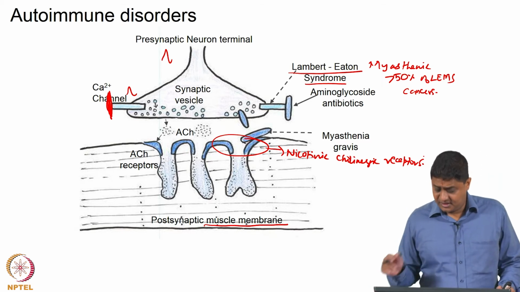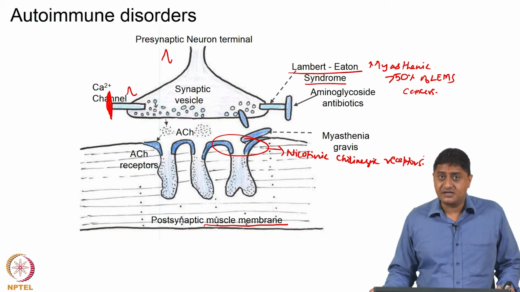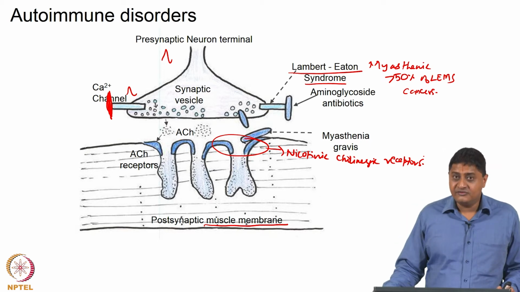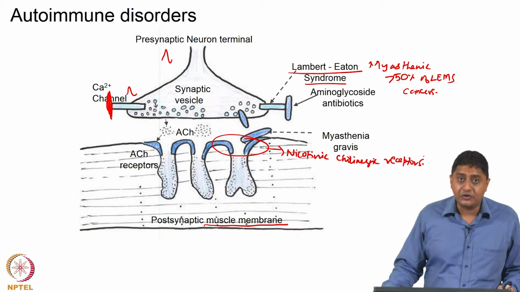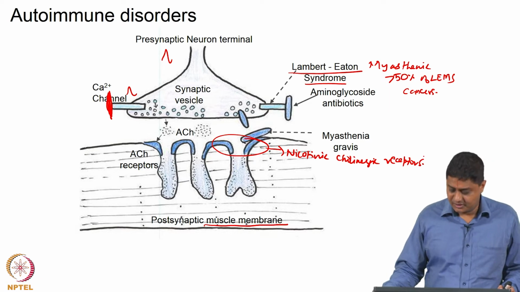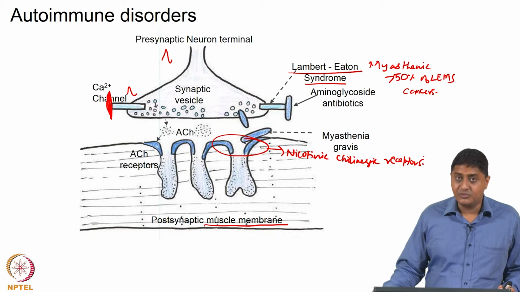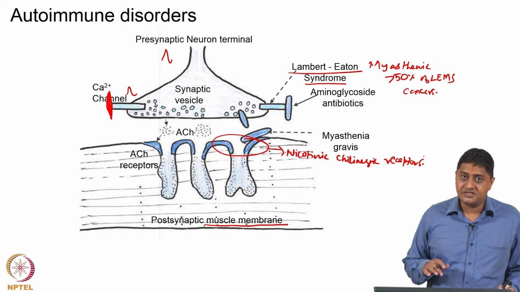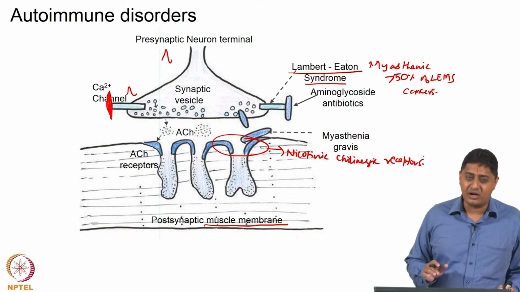So, if the nicotinic cholinergic receptors are labeled as outside agents by the immune system, then they are destroyed, and the receptors and their functions are blocked.